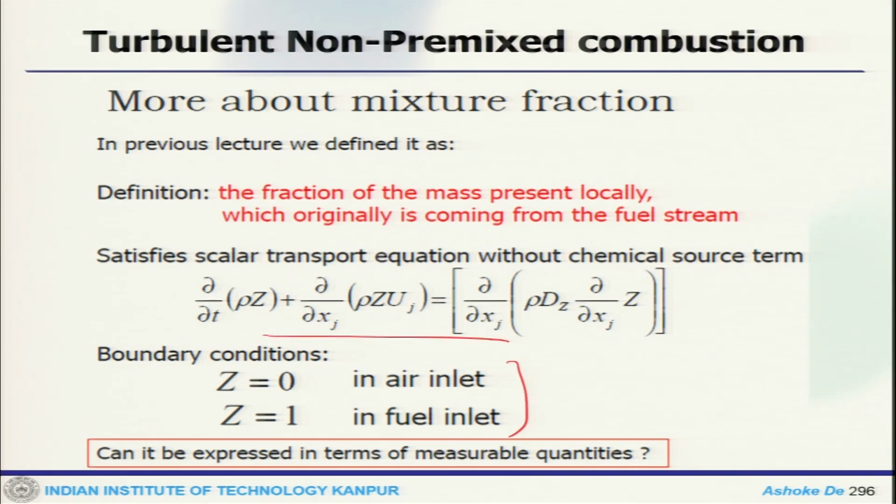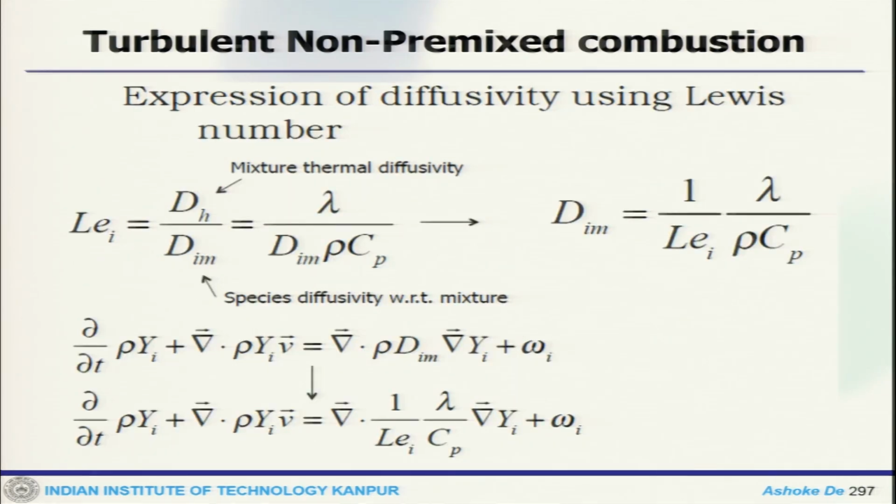Now, the question here is, can it be expressed in terms of measurable quantities? That is quite important: how do we estimate these things in terms of quantities which are measurable? Now, we use the definition of the Lewis number.